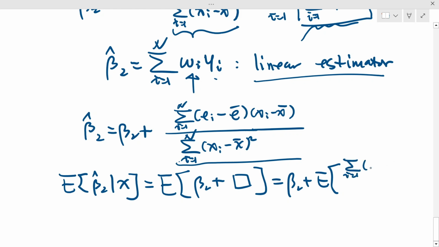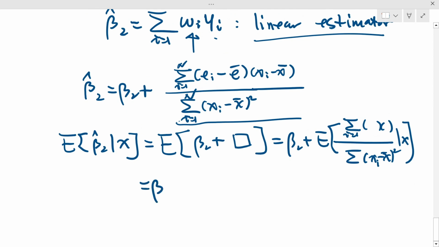This sum divided by this sum, conditional on x. Conditional on x means that we are treating x as a constant, no longer random.